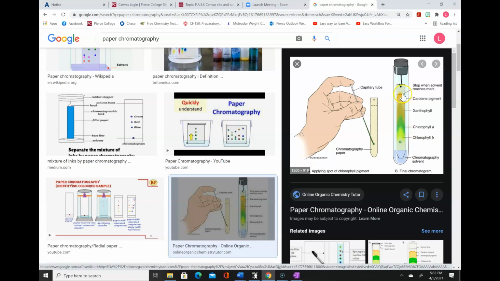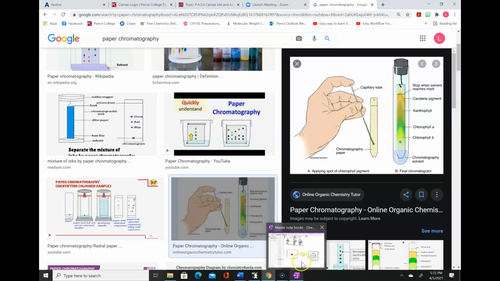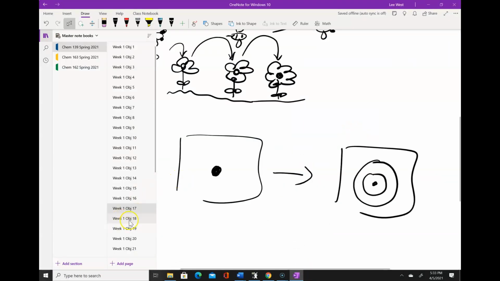And so carotene, which is the compound that makes carrots orange, doesn't interact with paper very strongly at all, and it'll move through the paper really quickly, right? And then chlorophylls, and they come in different types, interact with the paper quite strongly, and so they barely move as the solvent moves up the paper. So that's a good example of how we use this different mobility through paper.